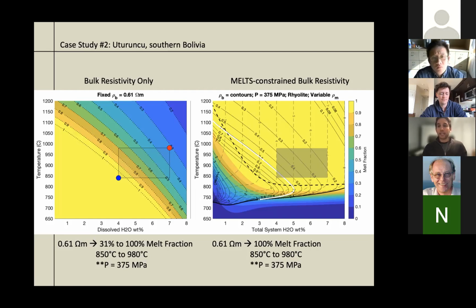You're assuming that melt resistivity is a function of temperature and water content, and then you're using that to compute the melt resistivity, but then you're feeding that into the melt fraction estimate. But melt fraction is also a function of temperature and water content. Oh, I see. So we're assuming that these two empirical relationships are independent when they're actually not. Oh, okay. Thank you, that helps a lot.